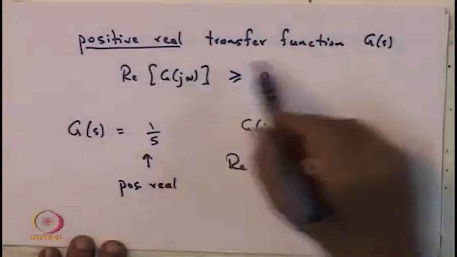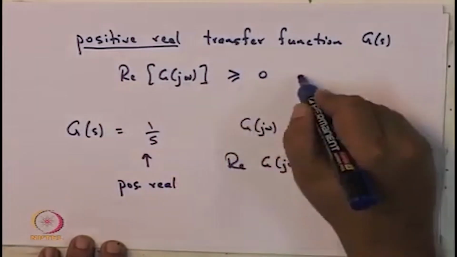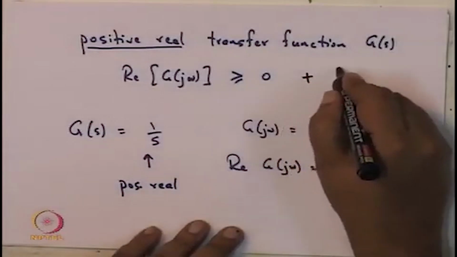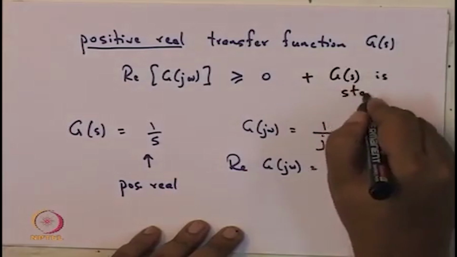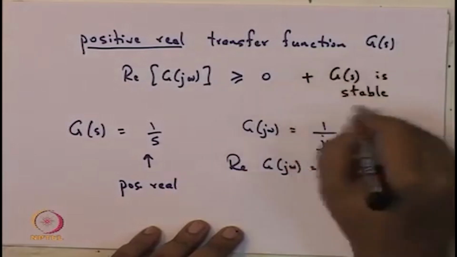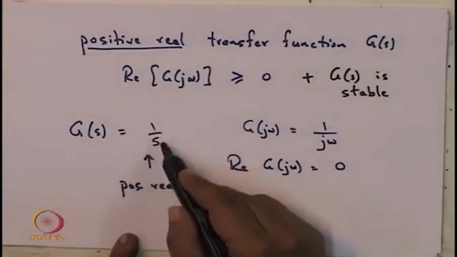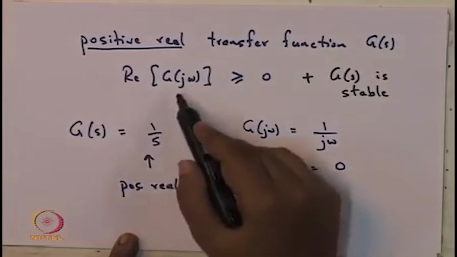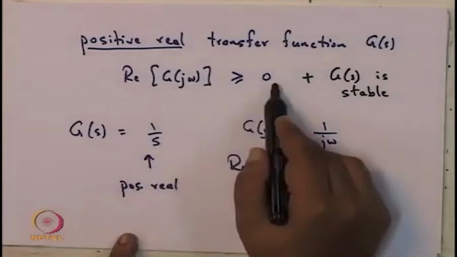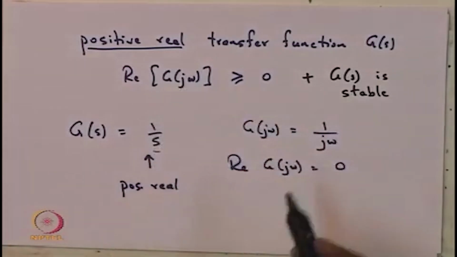Okay. If one uses the definition that positive real means this plus G(s) is stable, then again this particular transfer function is positive real, because the real part is actually 0. And this is also stable, with s having a pole at 0.